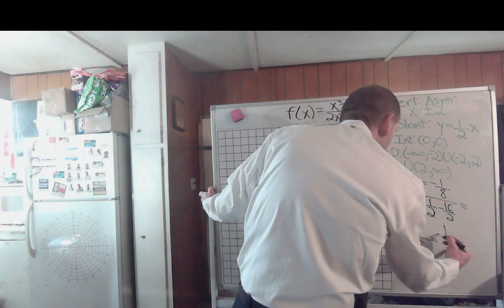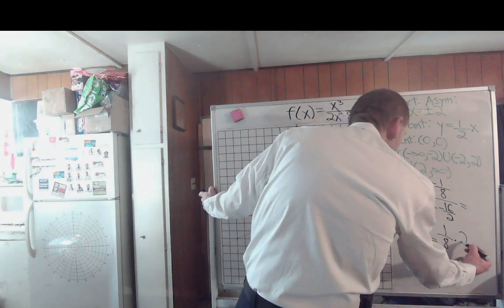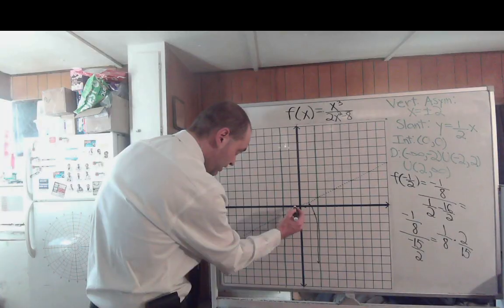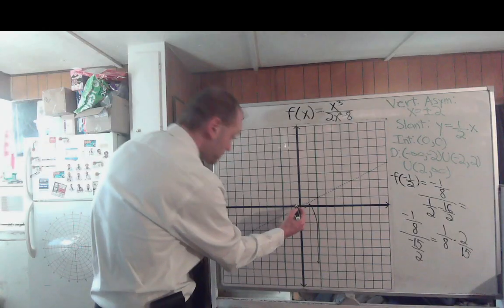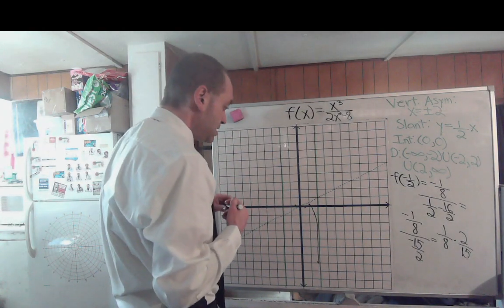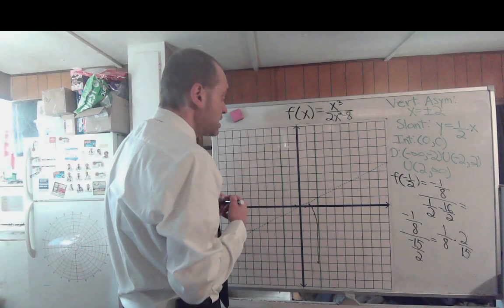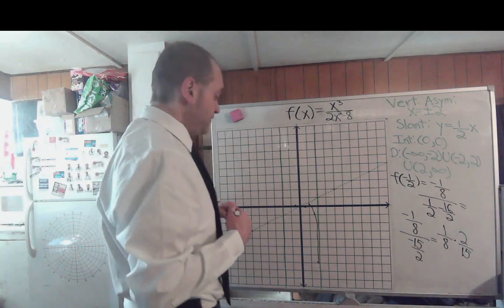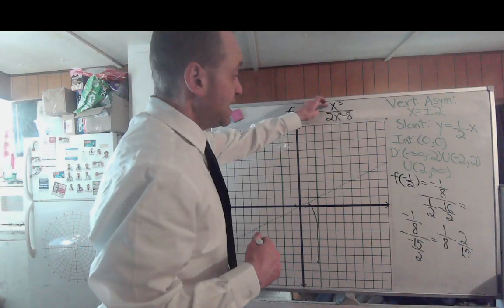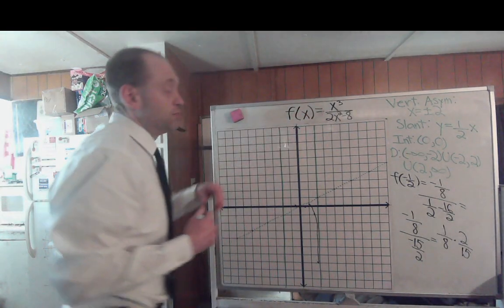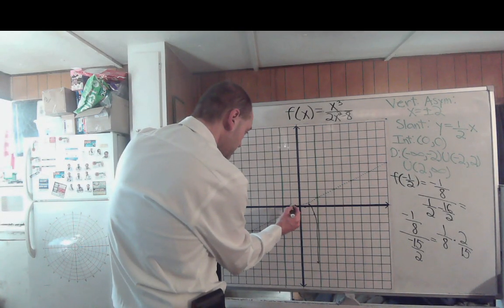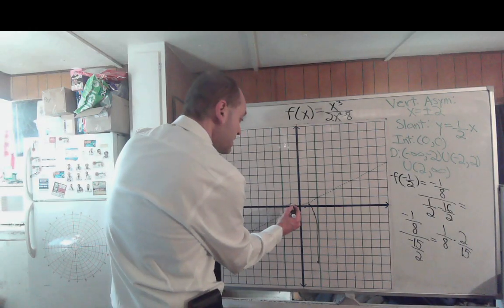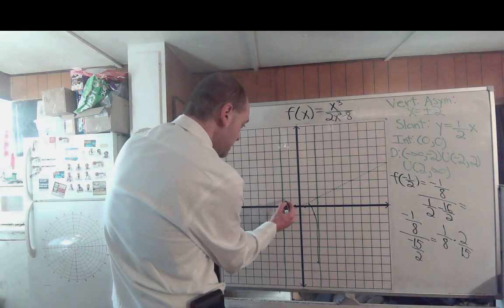You would just get 1/8 times 2 over 15. That would give you positive 1/60th, which would barely be right here. If I put in -1, I'll get -1 over 2 minus 8, which is -6. I'd end up getting -1/6, a little bit higher. If I put in -3/2, it would get even higher.